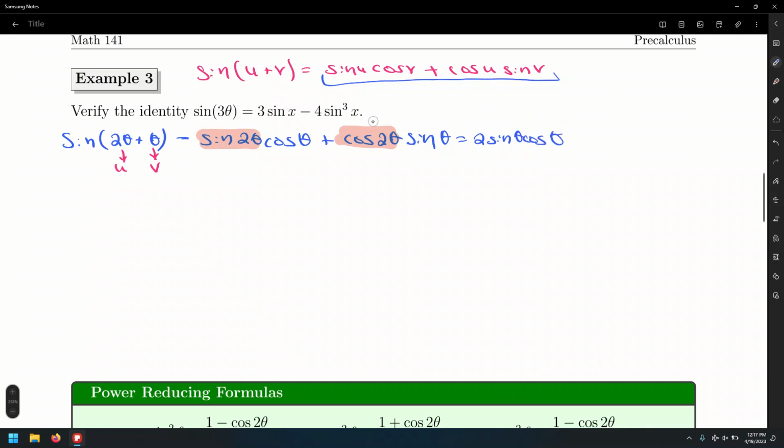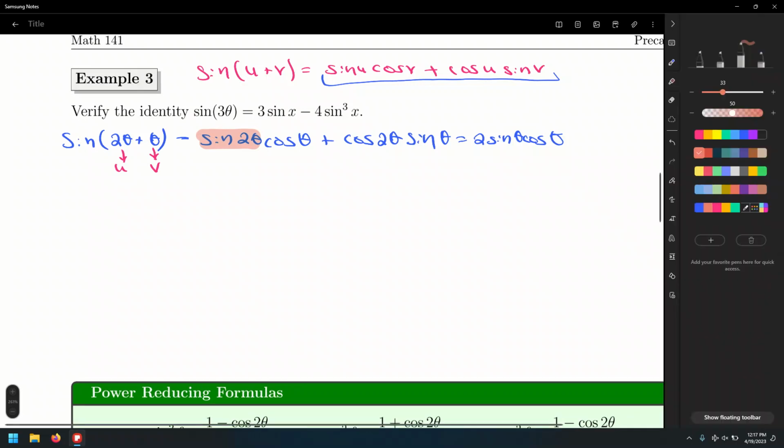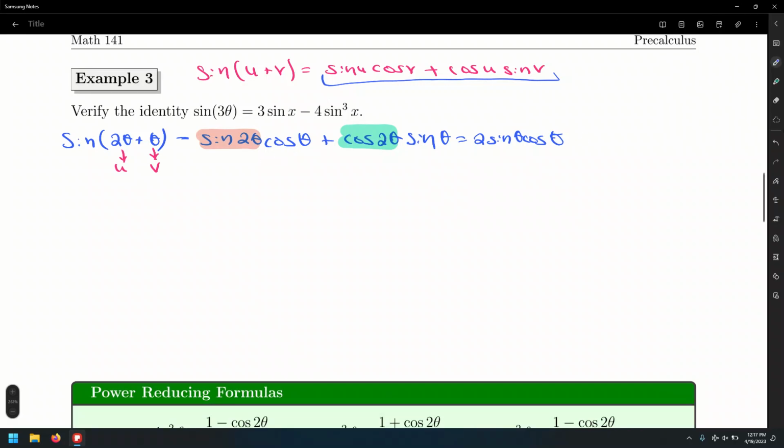Actually, I'm going to highlight different colors so we can distinguish between them. Let me use green for this one. And then over here, that's times cosine, plus cosine 2 theta.